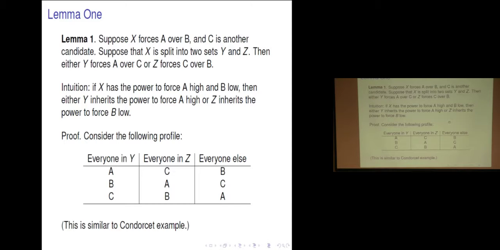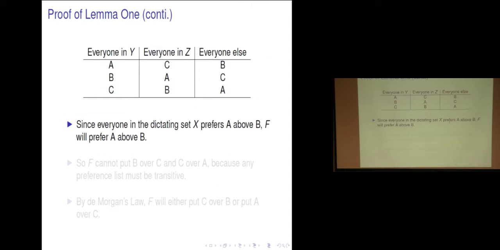You have 2/3 of people preferring A over B, 2/3 of people preferring B over C, and 2/3 of people preferring C over A. So now I'm going to recycle this example. Look at this profile. I copy the profile here so that we don't forget.